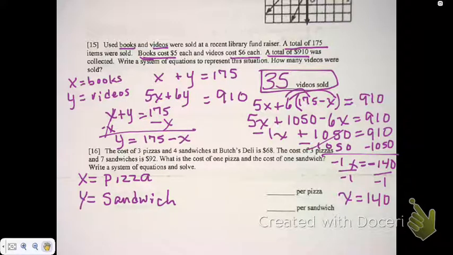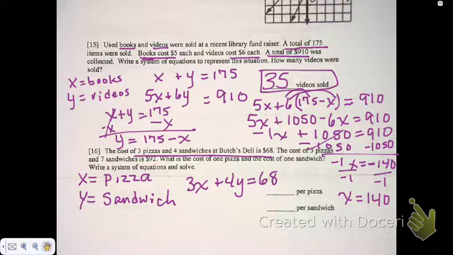All right. So we have 2 different scenarios here. So the first one says the cost for 3 pizzas and 4 sandwiches is $68. So how would I write that in an equation? 3x plus 4y equals 68.